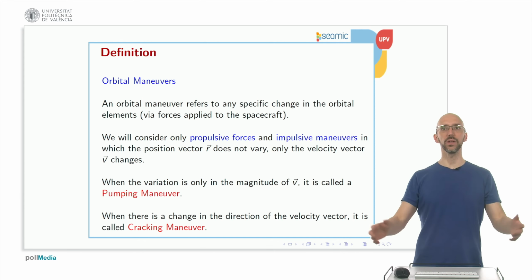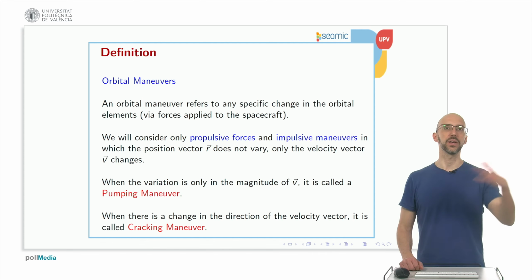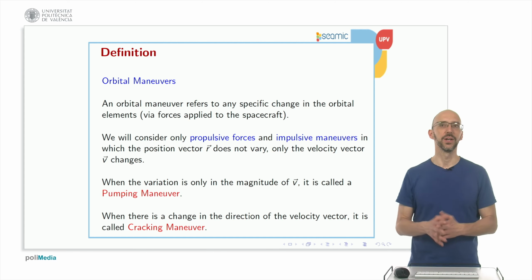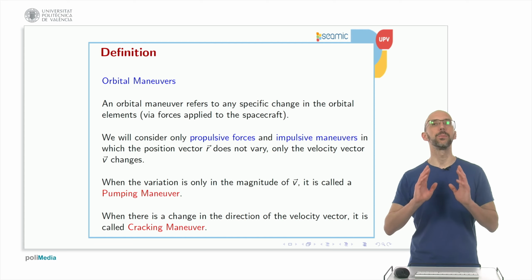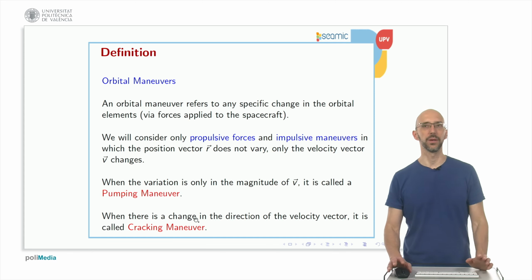It's like if you are walking in the street, someone comes and pushes you, and you fall in the direction you were pushed. So when you change the direction of the velocity vector, it's called cranking maneuver. If someone pushes you faster in the same direction you were moving, it's called pumping maneuver.